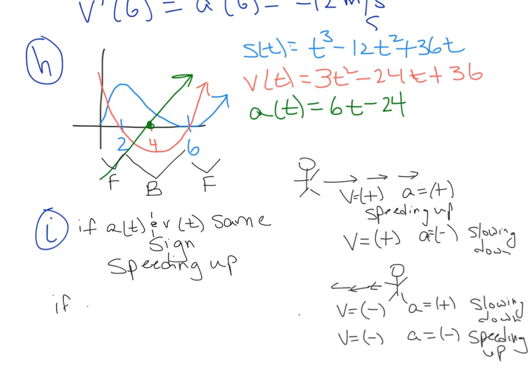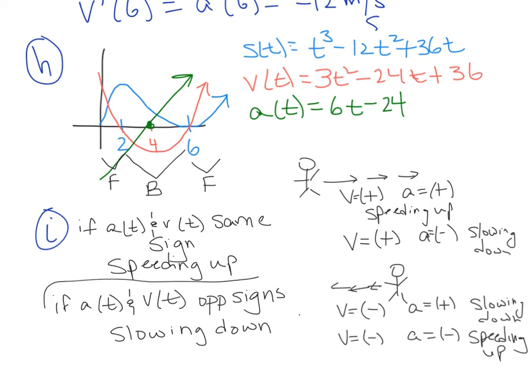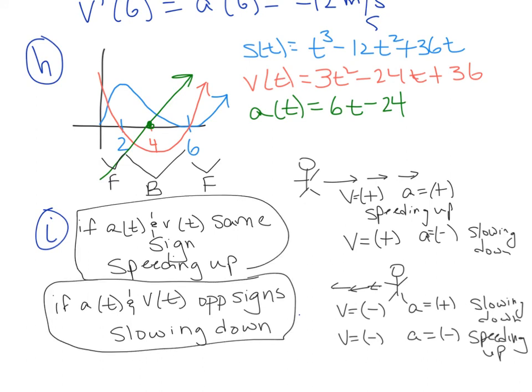If a of t and v of t are opposite signs, in other words, one is positive, the other is negative, then you are slowing down. Okay, so here are the two that we need to make sure we understand and memorize.